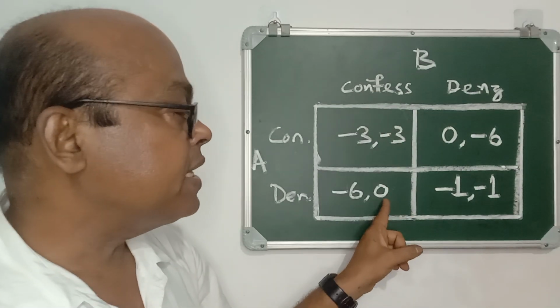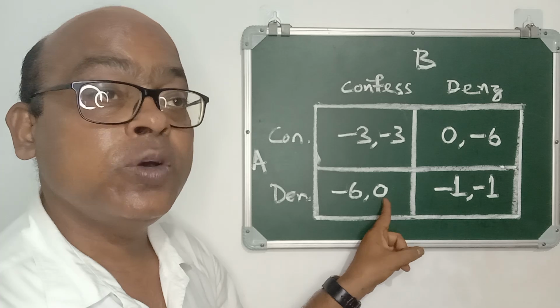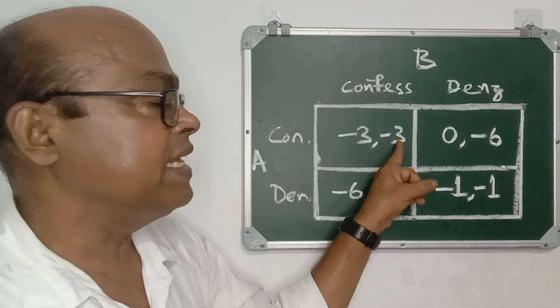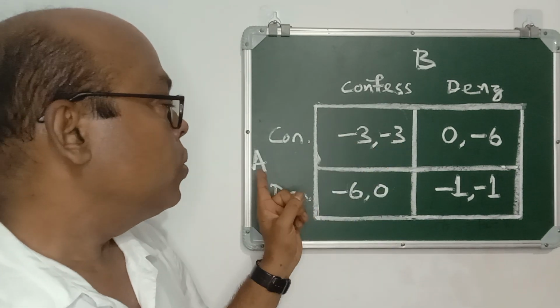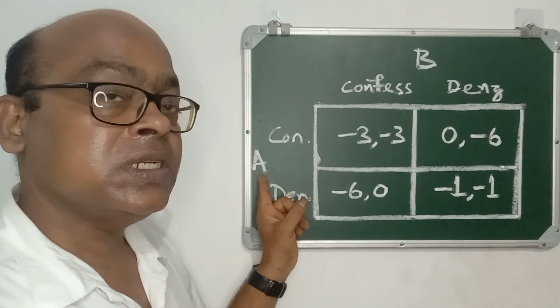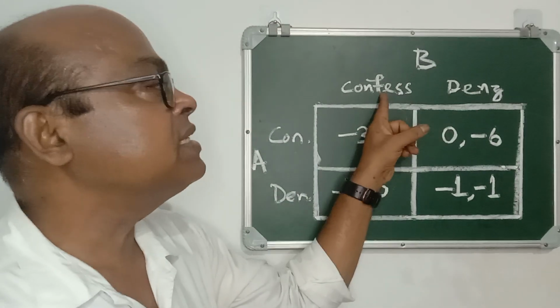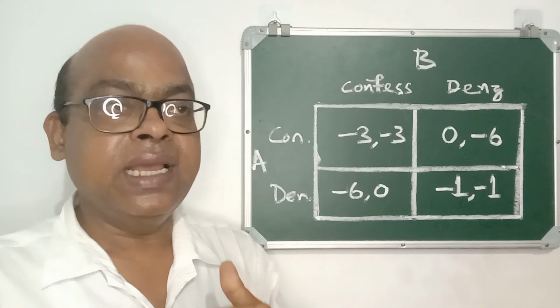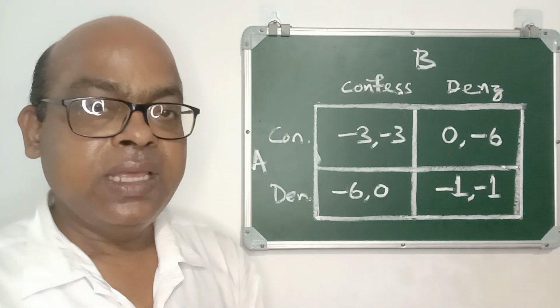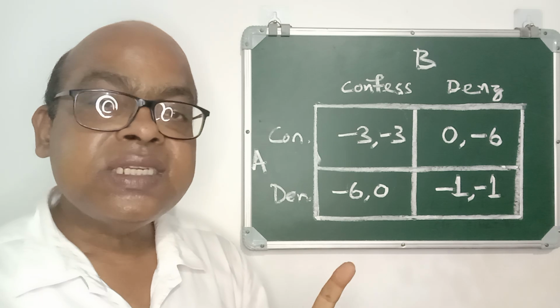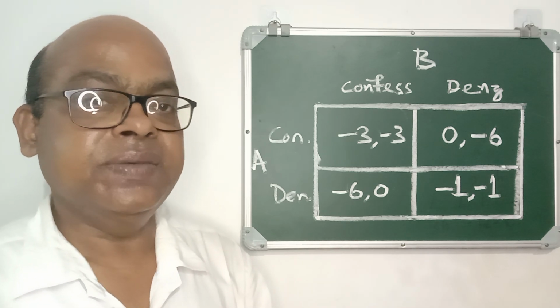Why? Because he will get 0 prison term, which is less than 3. So the point is that whatever strategy A chooses, B's best strategy is confess. So from both sides, either A or B, the confess strategy is the best strategy.